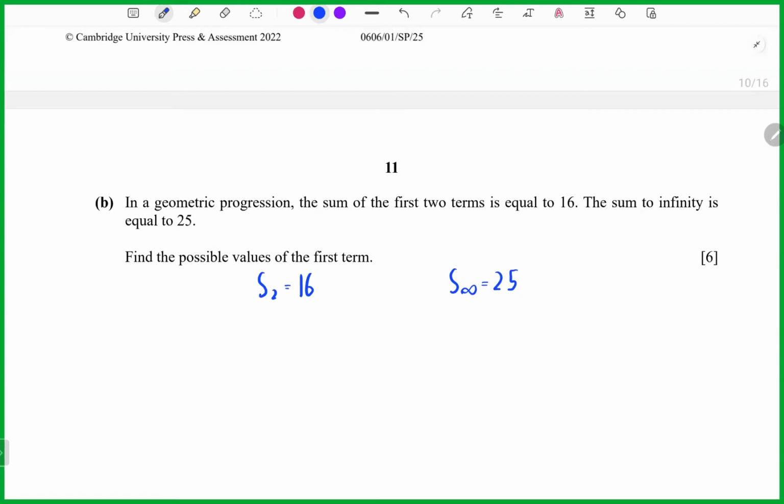So as I confirm now, the common ratio is less than 1 and more than -1. So we can write a(1 minus r^n) over 1 minus r equals 16. So this is a over 1 minus r equals 25. So I can write here 25(1 minus r^n) equals 16.